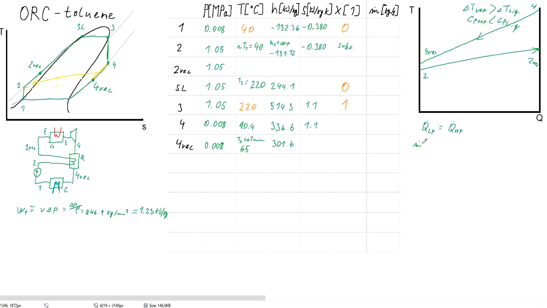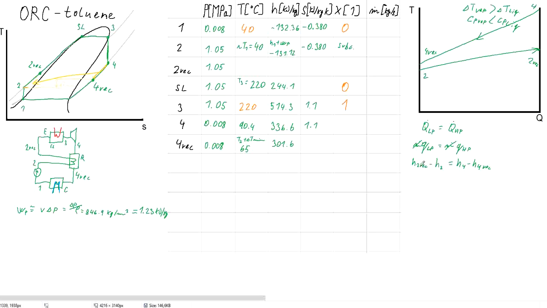Mass flow rate of the ORC fluid times the transferred heat at low pressure is mass flow rate of the ORC fluid times the transferred heat at high pressure. Mass flow rates are the same because it's still the same cycle with single branch, and we end up that the enthalpy difference between 2 recuperated and enthalpy 2 is the same as enthalpy 4 minus enthalpy 4 recuperated.